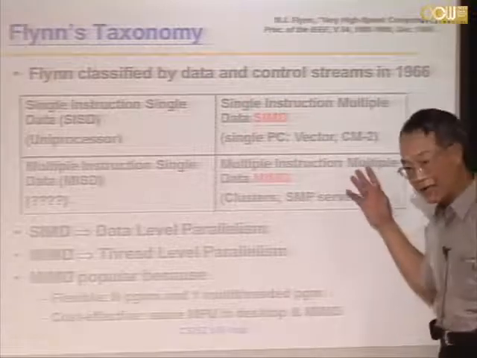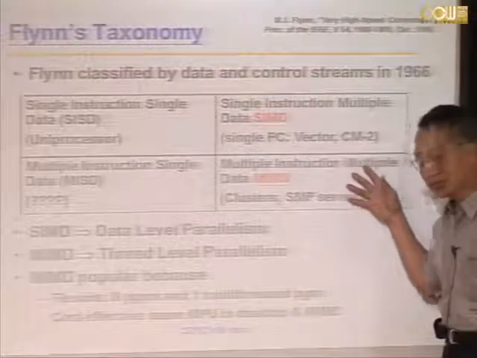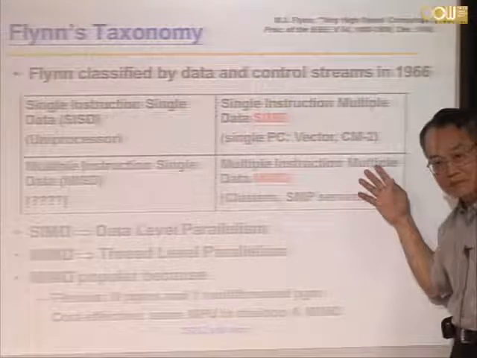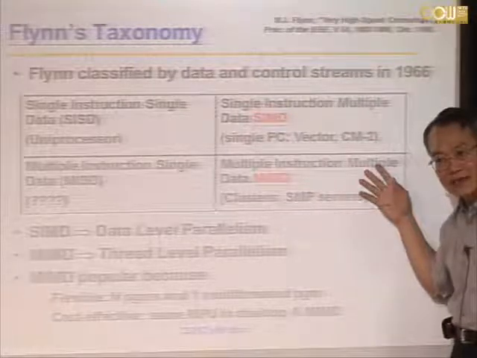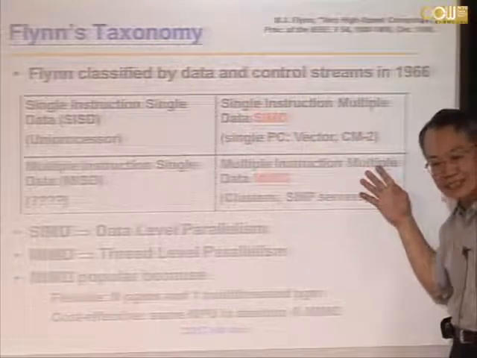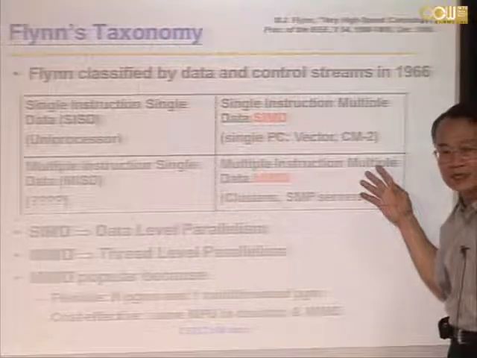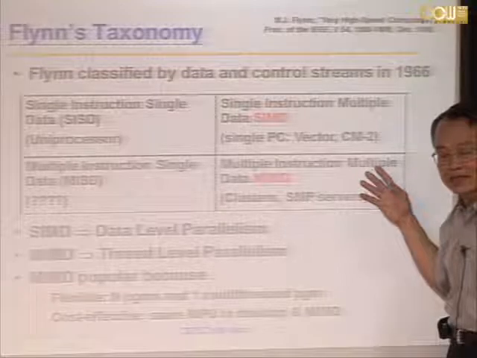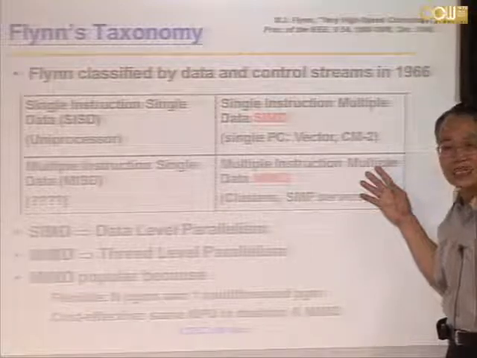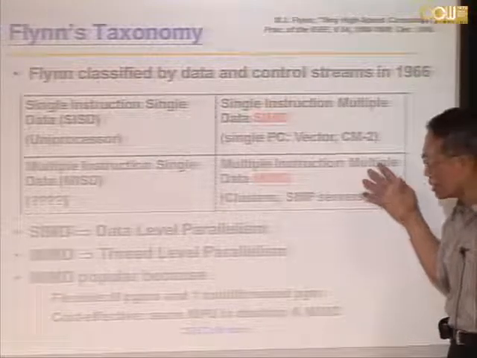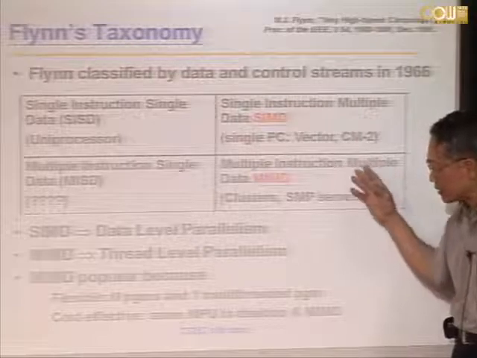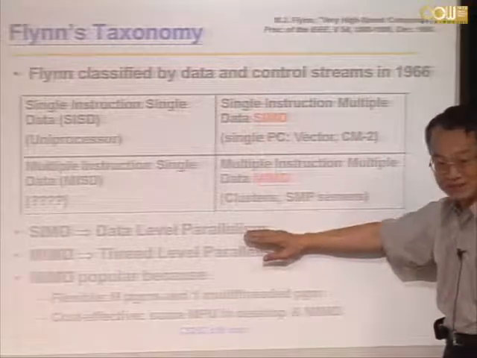What about data level parallelism? Does it exploit data level parallelism? Well, independent data sets, correct. But these data sets don't have any regularity, don't have any relationships. So we don't call this kind of data parallelism data level parallelism.